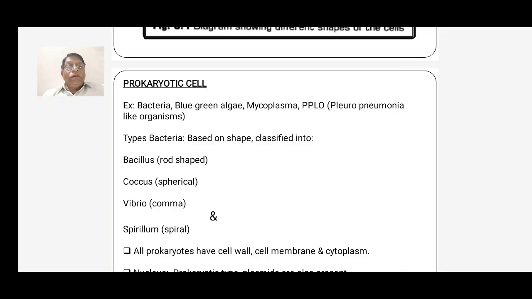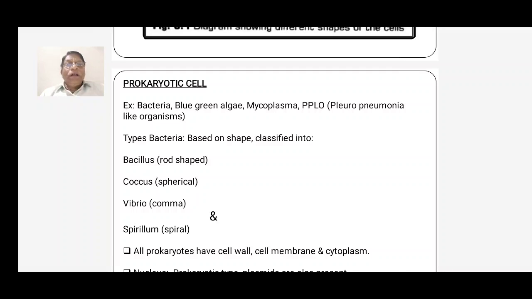PPLO means pneumonia-like organisms. These are the examples for prokaryotic cells.